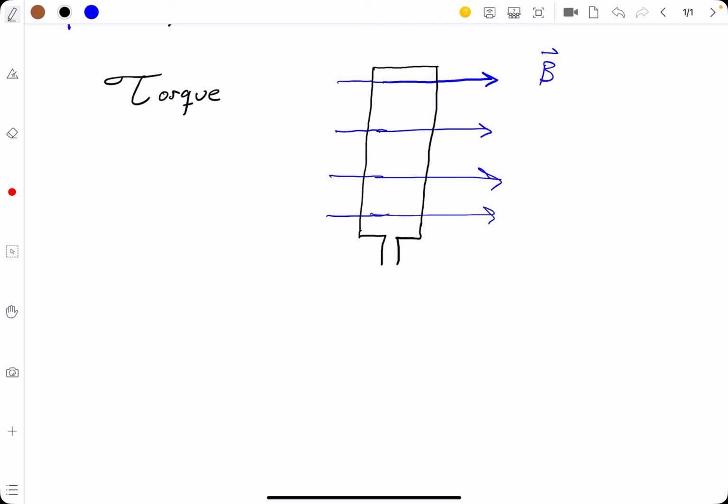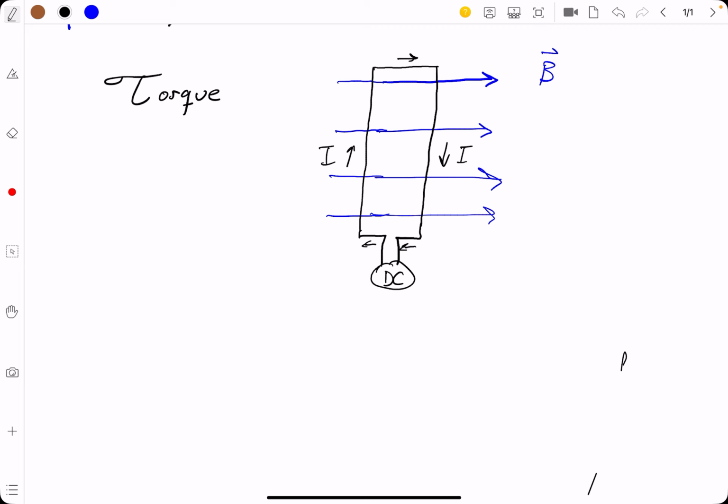Okay, so maybe we'll go up one side and down the other with our current. So we'll have some DC source, down here driving our current. At the top, the current is going this way, and at the bottom, of course, it's going this way and going this way.